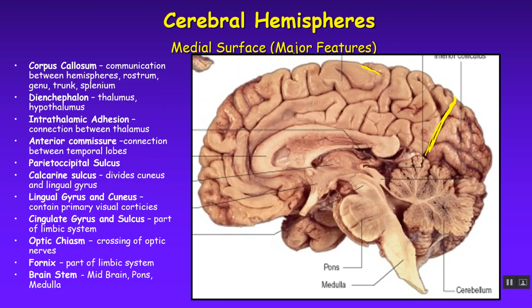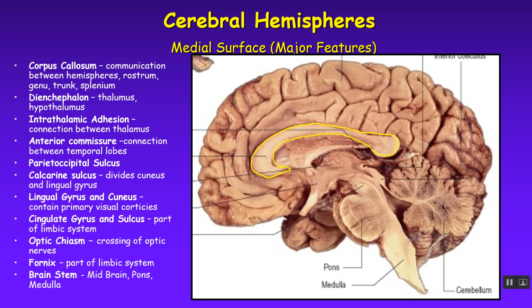Now we get to flip the brain over. It's exciting. Lots of stuff over here. A little more interesting, a little more intimidating at times, but not too bad. So first of all, let's talk about the corpus callosum. Really obvious, easy to find, a nice big white matter structure.